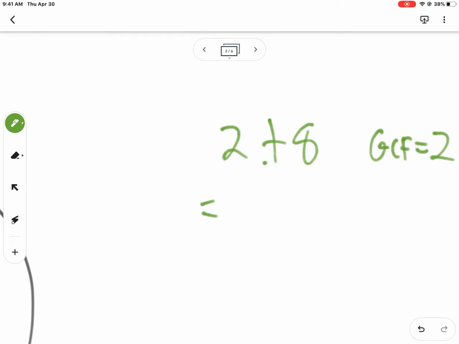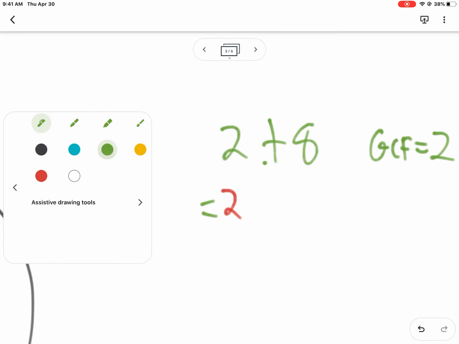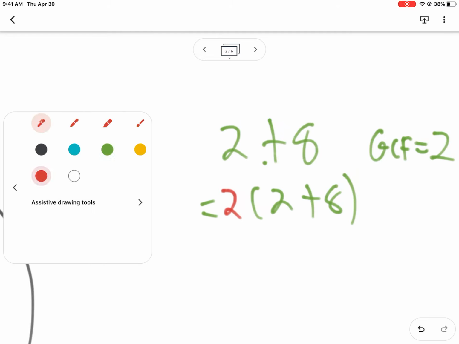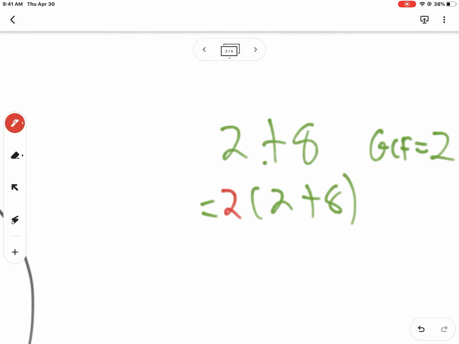So what do you actually do? Well, we always talk about pulling a common factor out to the front. Here's what we really mean. We do pull a common factor out to the front, but what we're actually doing is multiplying by 1. Because if I bring that 2 out to the front, I've doubled the amount of 2 plus 8.